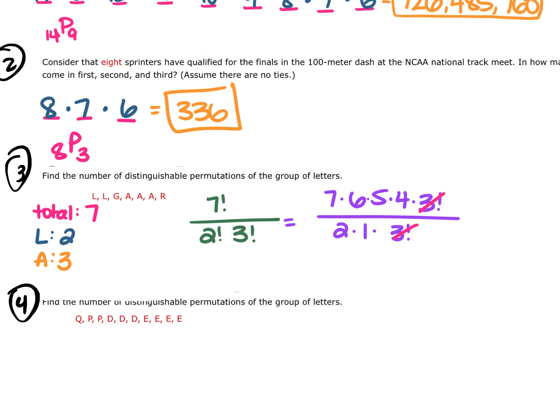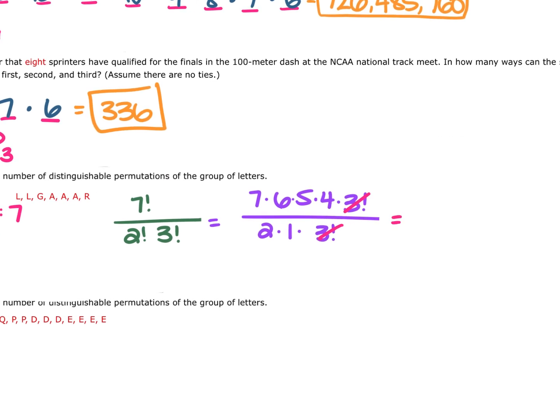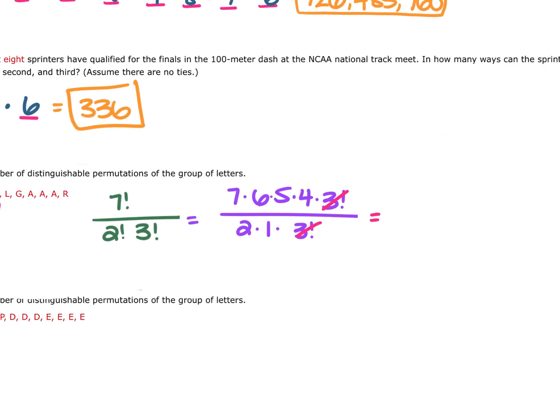Your 3 factorial cancels out on the top and the bottom, leaving you with 7 times 6 times 5 times 4, giving you 840 over 2 times 1, which is 2, which gives you a total number of 420 ways.